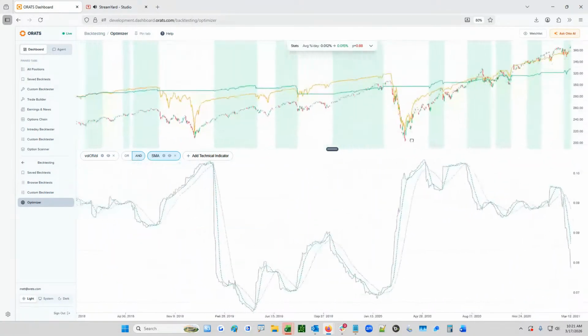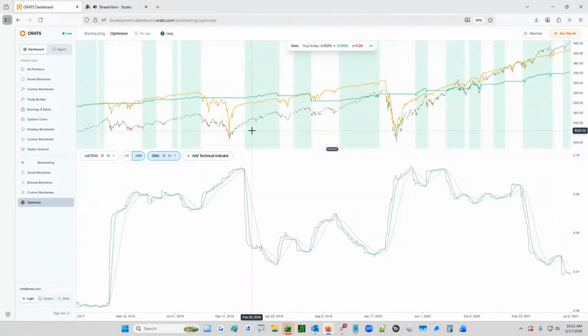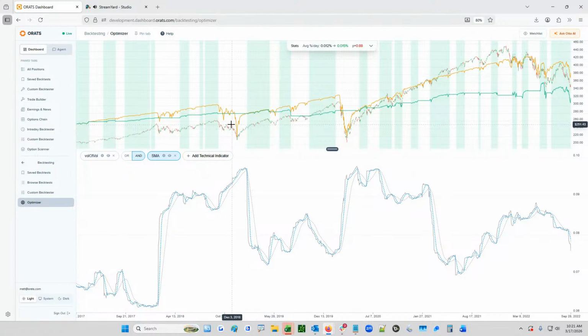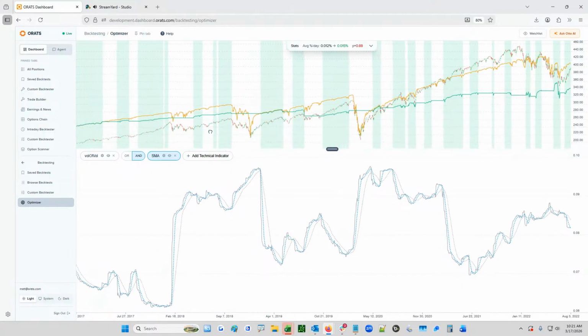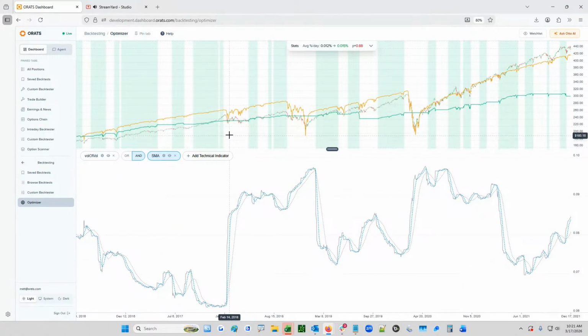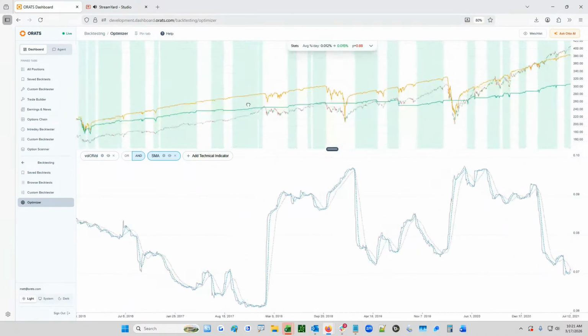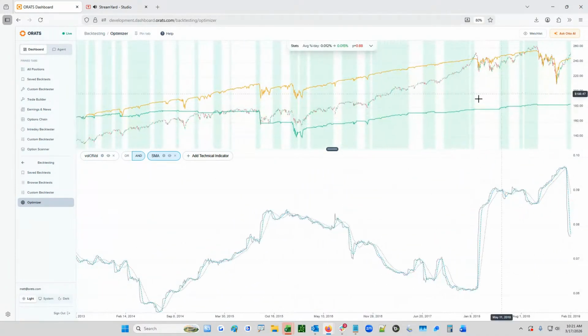But let's look at some more market corrections. In 18 we had that, but it took us a while to get back, and that was pretty ugly for a while. Same thing here. It got us in at a pretty decent level in May of 18. This was actually kind of an unfortunate one in 2015.